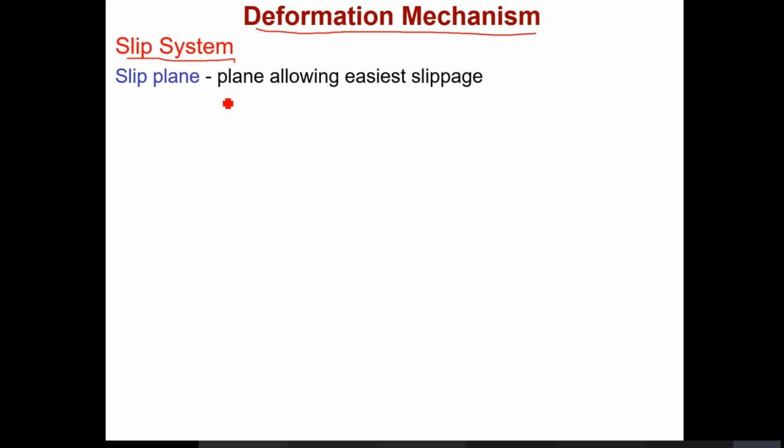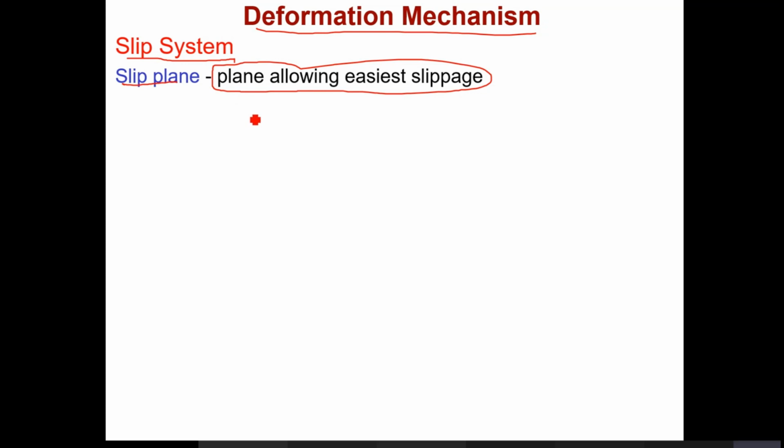We are now looking into the deformation mechanisms. Deformation mechanisms basically depend upon the slip system. Whenever a dislocation has to move, it has to move in a slip plane which makes it easiest for the dislocation to move, the easiest plane for the slippage or movement of the dislocation.